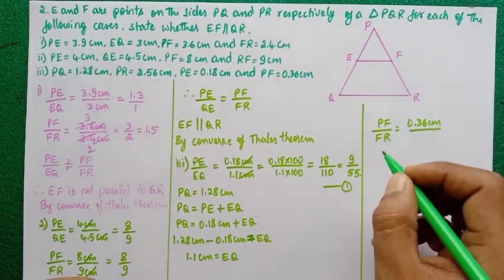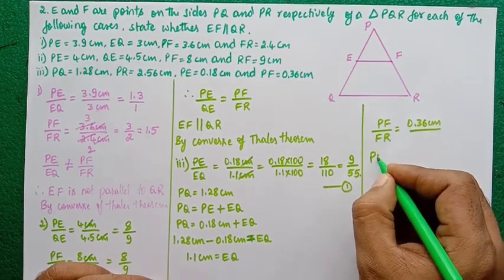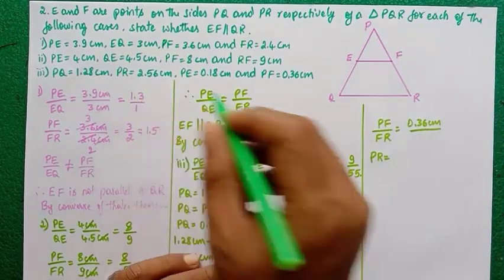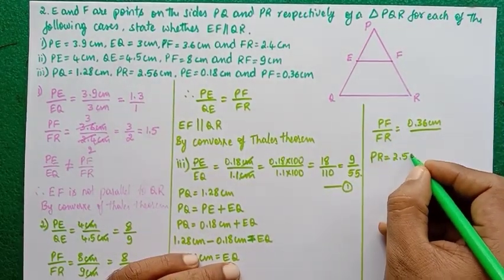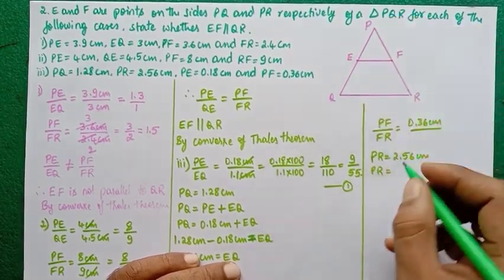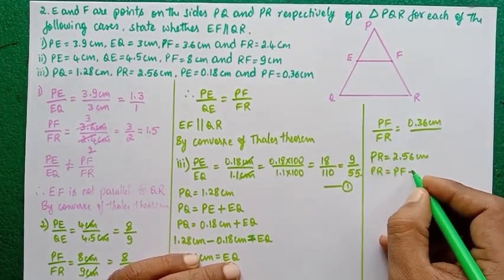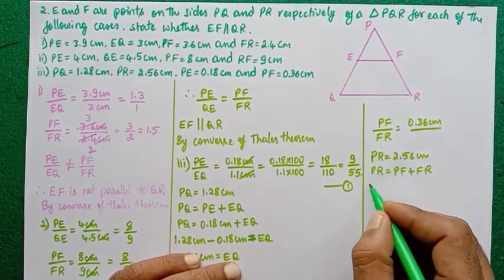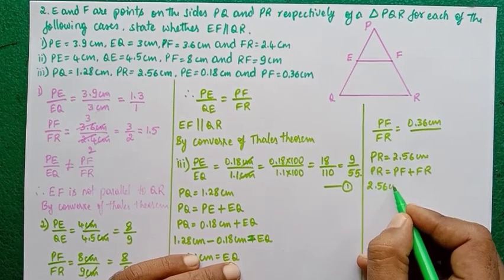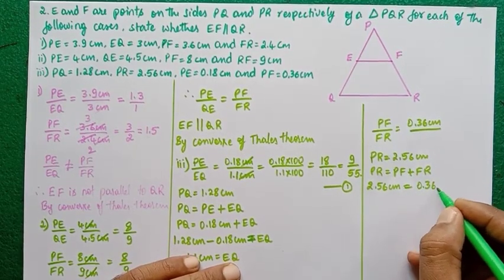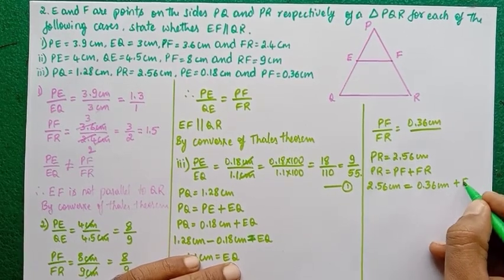PR is equal to 2.56 centimeter. So PR is equal to PF plus FR. So 2.56 centimeter is equal to PF, 0.36 centimeter, plus FR.